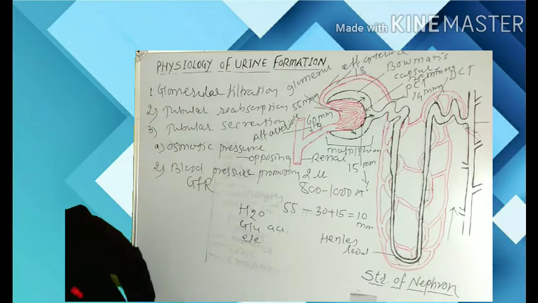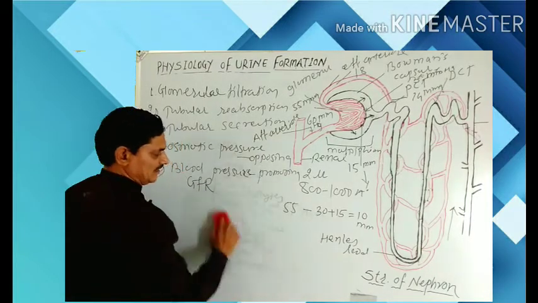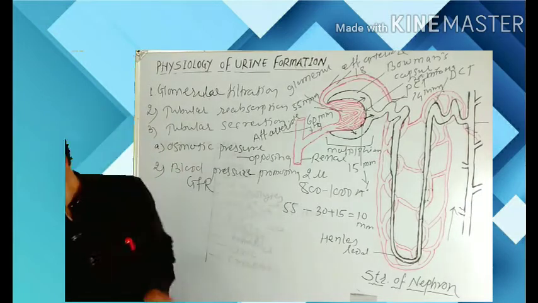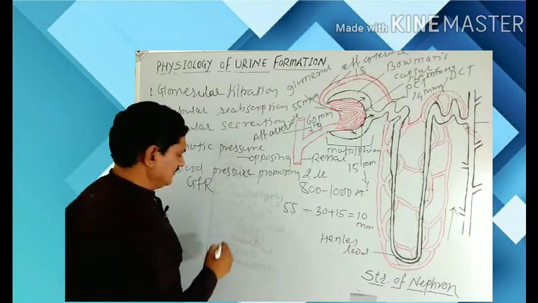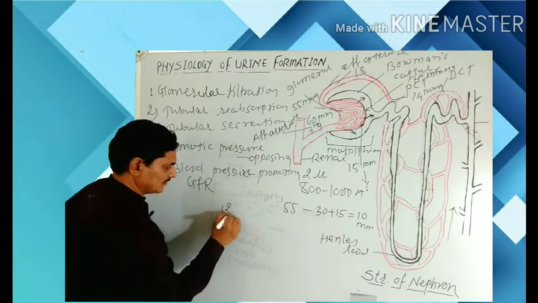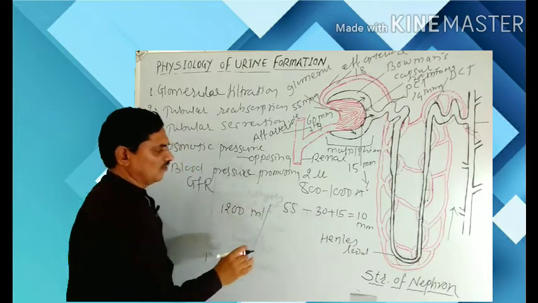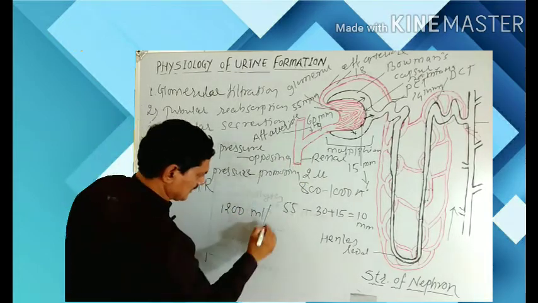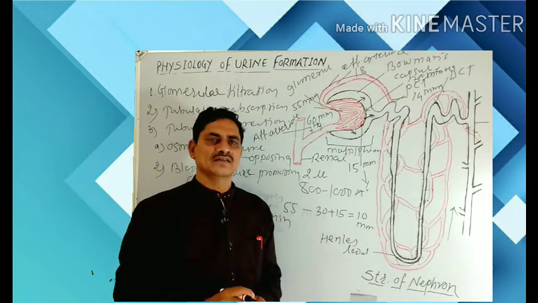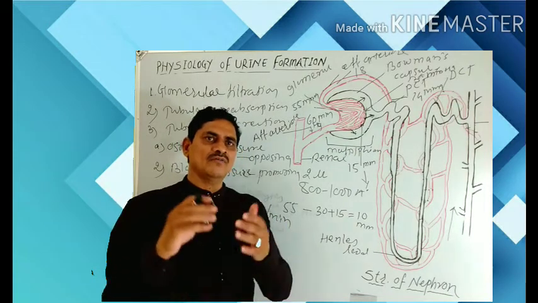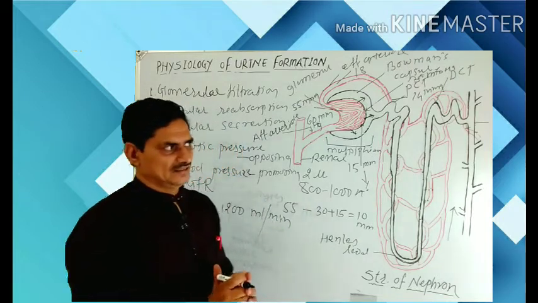In a healthy human being weighing 70 kg, 1200 ml of blood flows through both kidneys per minute.